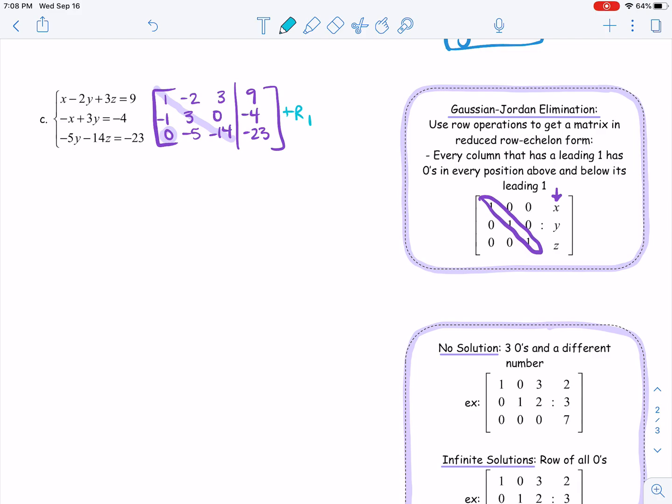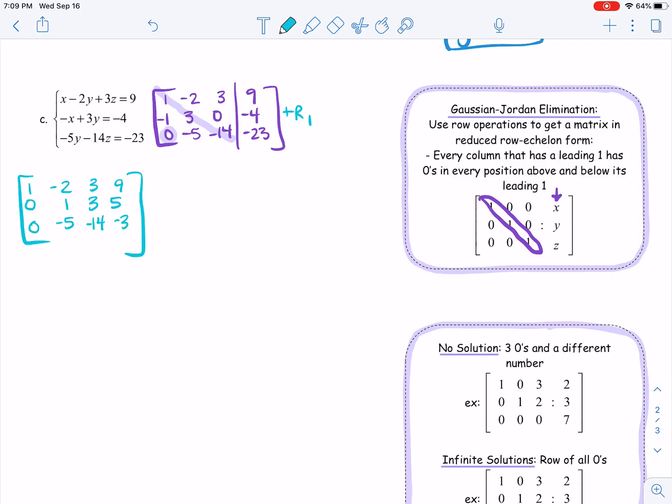So that's going to get me to 1, -2, 3, 9. Nothing changes there. -1 plus 1 is 0. 3 plus -2 is 1. 0 plus 3 is 3. -4 plus 9 is 5. Nothing changes in the bottom row.